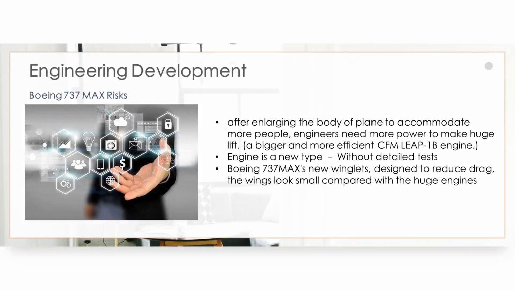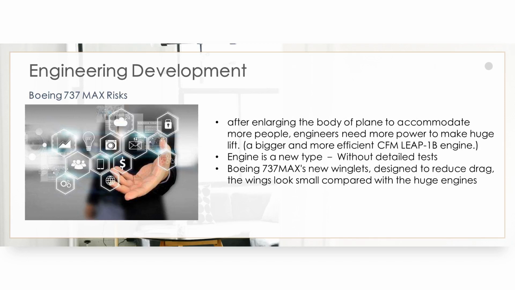And for Boeing 737 MAX risks, after enlarging the body of the plane to accommodate more people, as we have mentioned before, engineers need more power to make huge lift. So they choose a bigger and more efficient CFM LEAP 1B engine.